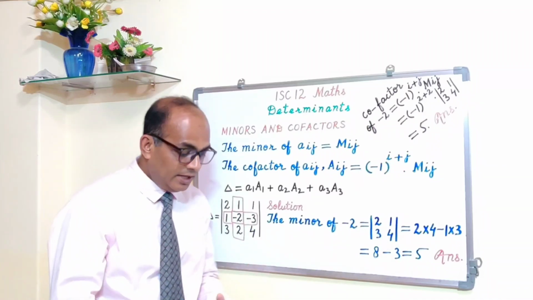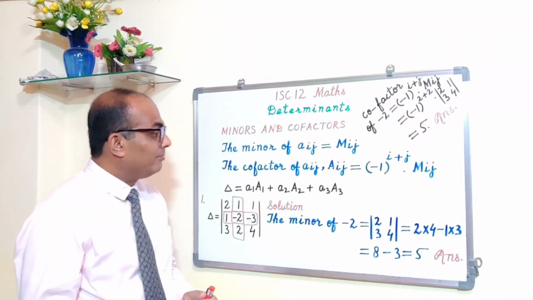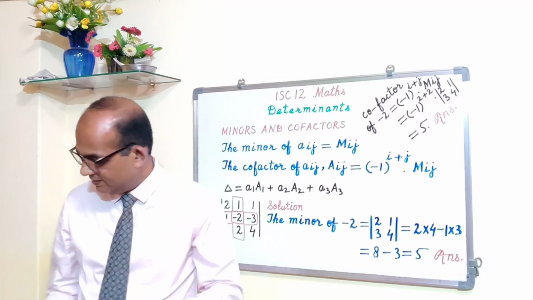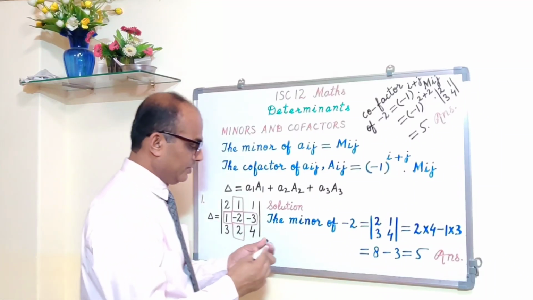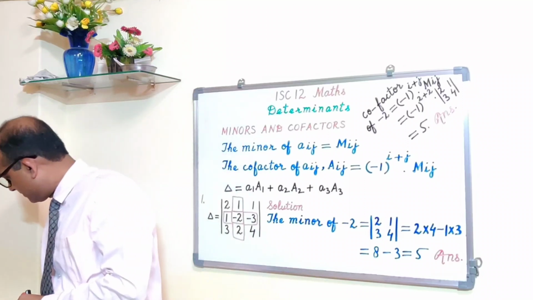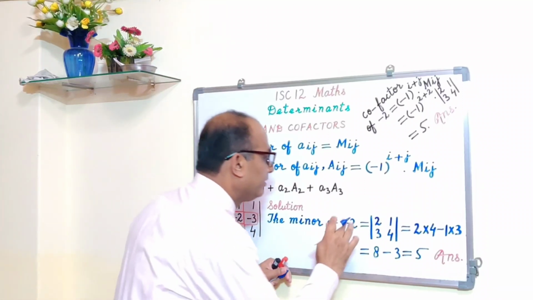Okay, now the next is the minor of 4. Let me find out the minor of 4.